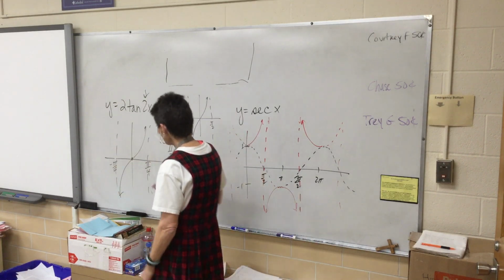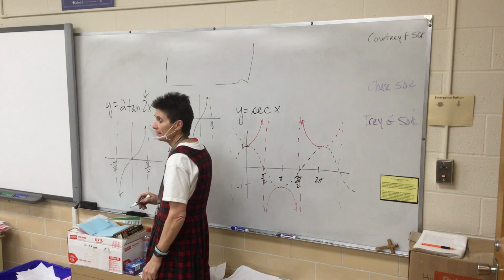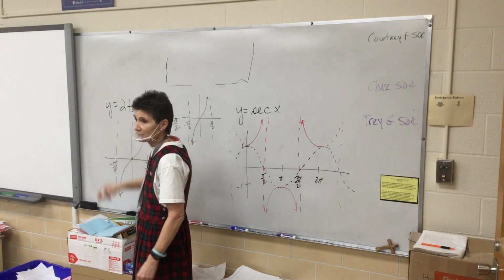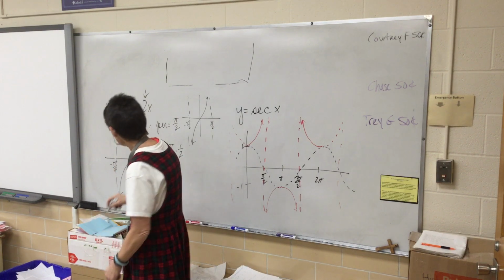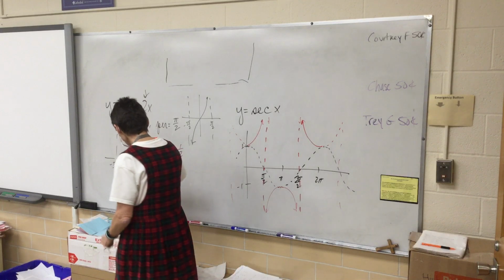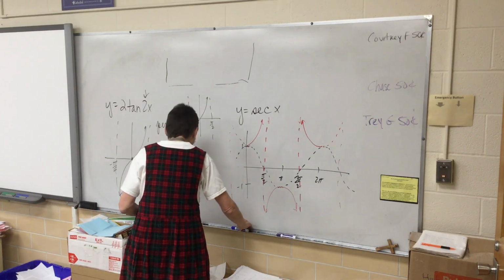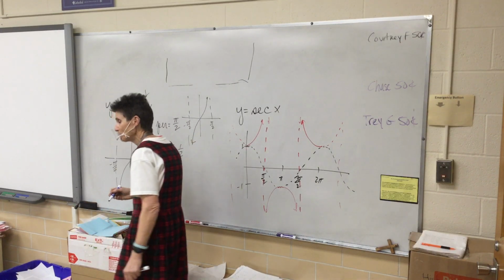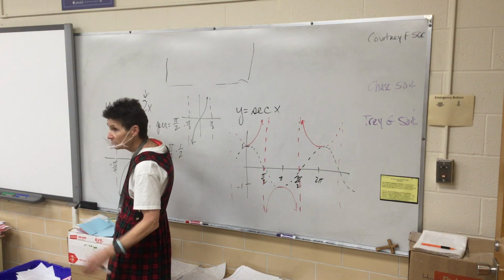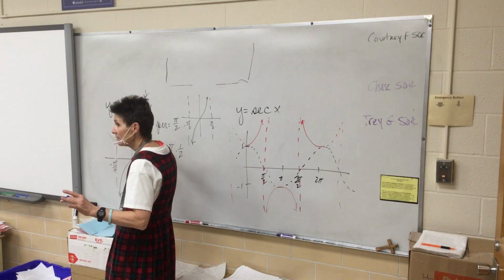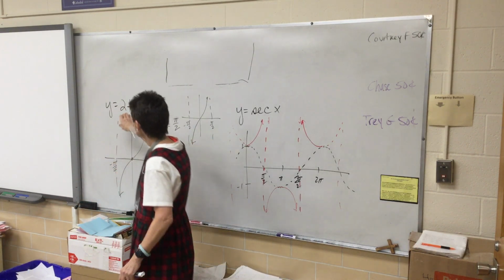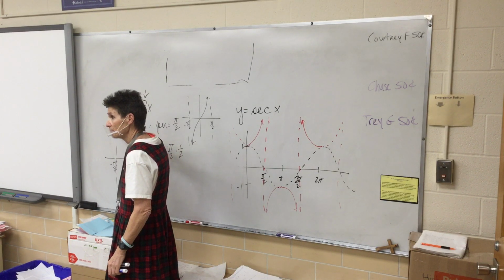Now, when I sketched it, I just randomly sketched it in. Does that 2 have an impact? Yes. It straightens out the curve. The bigger that number is, the straighter this becomes. On our sketches, we're not using graph paper or anything, so I don't want you to worry about that 2. But I do want you to know in your head that it does make the curve straighter.